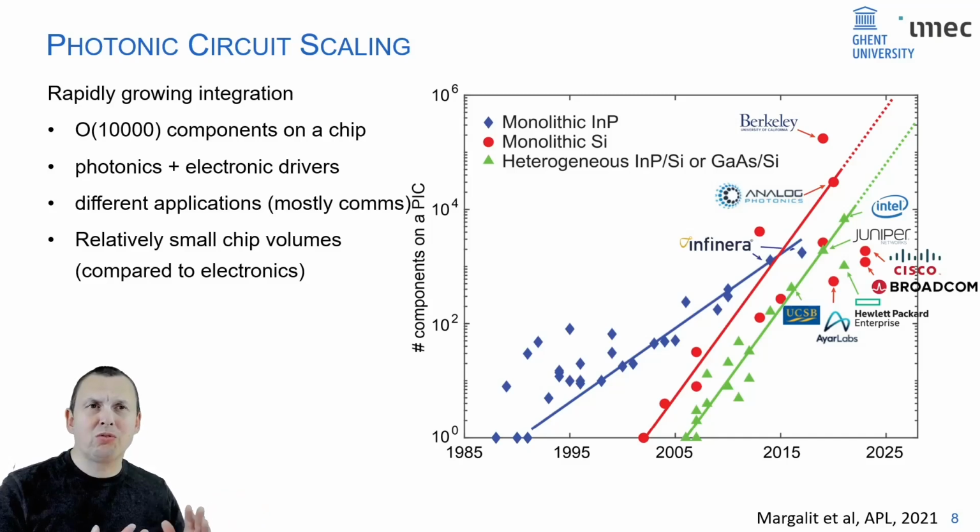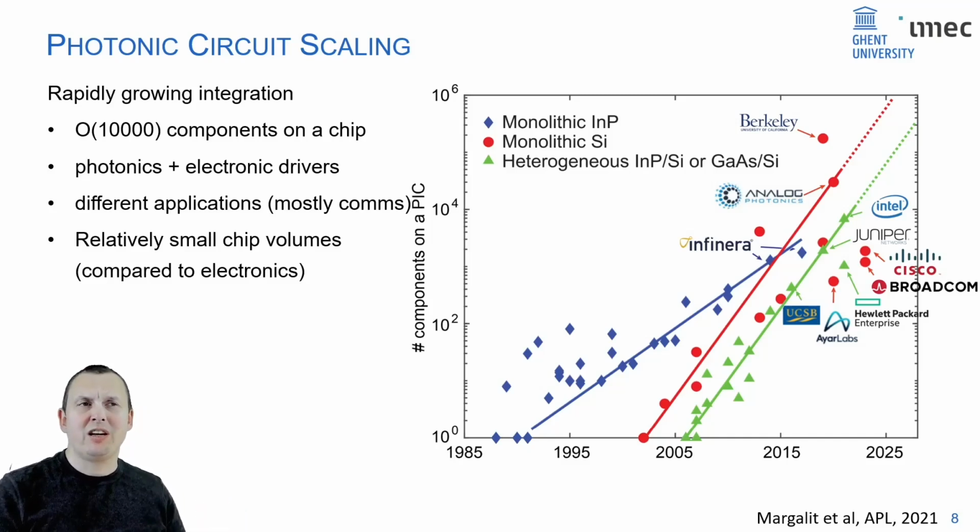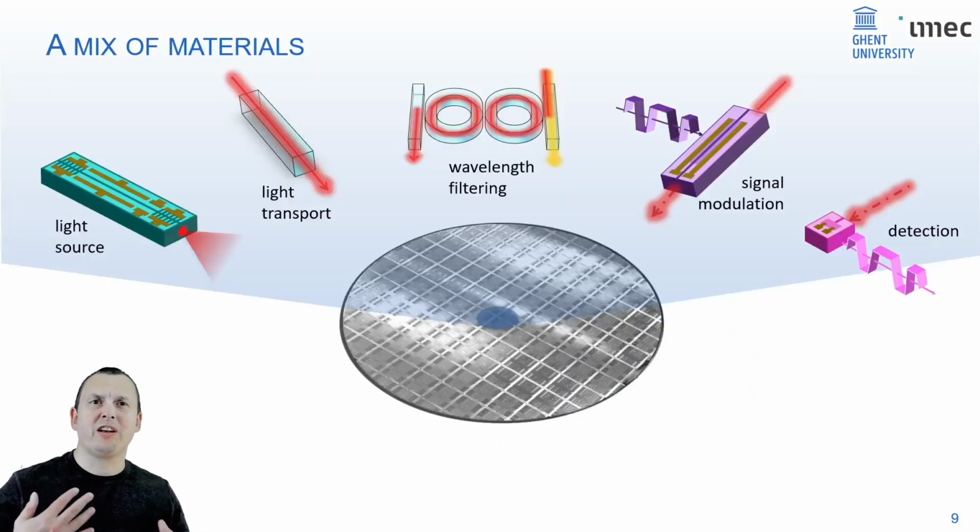Eventually, we're going to a density of 1 million circuits on a square centimeter, and we see a steady exponential increase, like in Moore's law. Again, combining all these different functions like light sources, waveguides, filtering, modulation, and detection.